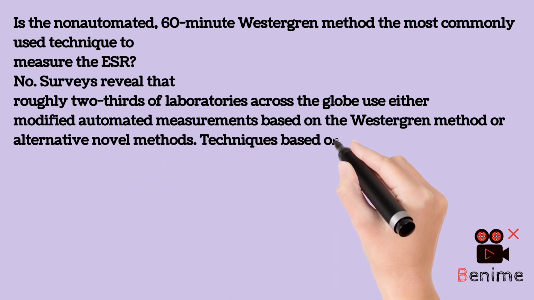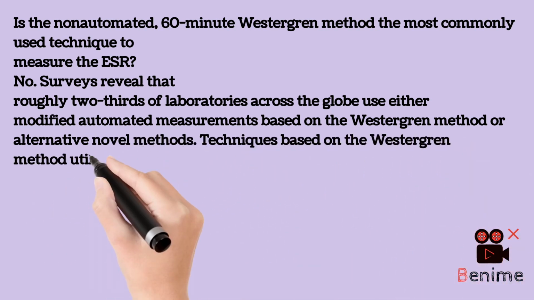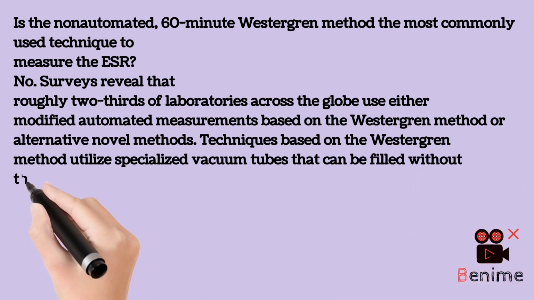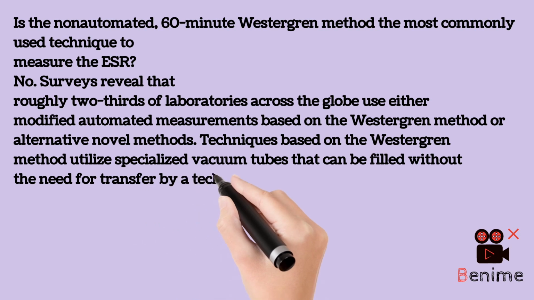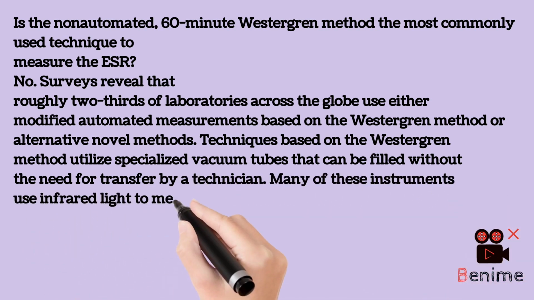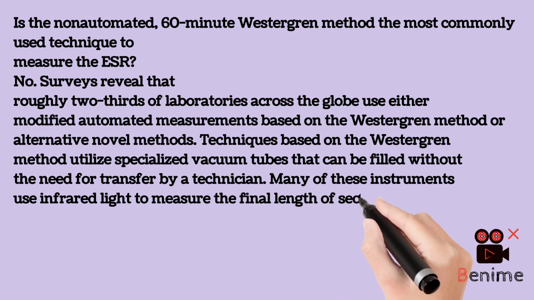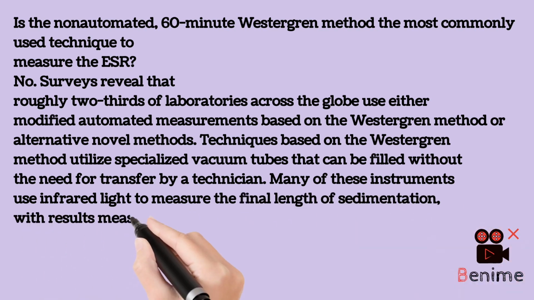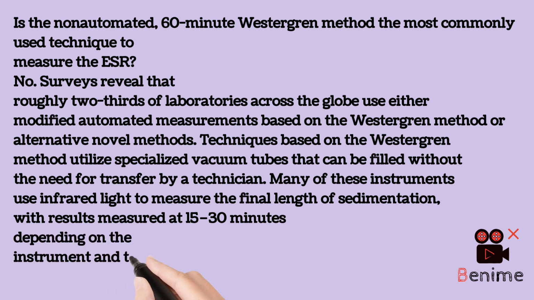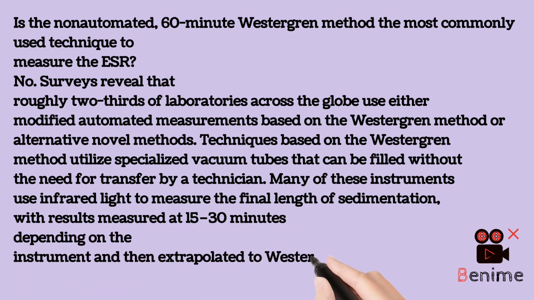Techniques based on the Westergren method utilize specialized vacuum tubes that can be filled without the need for transfer by a technician. Many of these instruments use infrared light to measure the final length of sedimentation, with results measured at 15 to 30 minutes, depending on the instrument, and then extrapolated to Westergren 60-minute values.